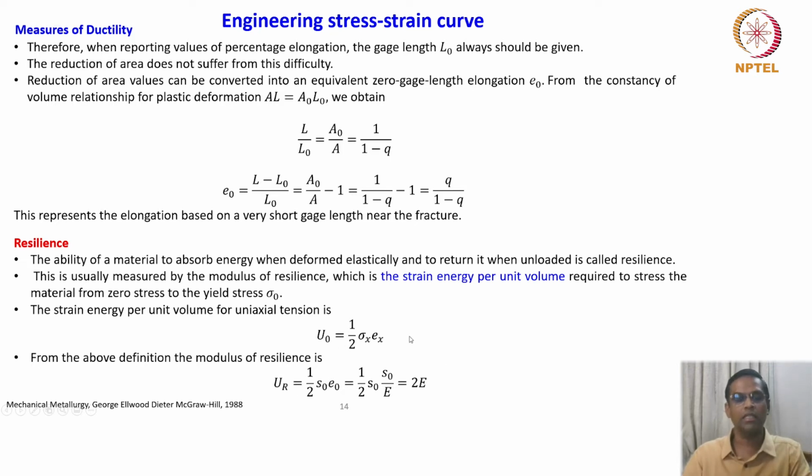So what is S naught? S naught is nothing but the proof stress. What is proof stress? If the material is not showing any yield point, we take something called a proof stress. We will demonstrate it now. How do we take the proof stress? The proof stress is considered the yield stress. So S is engineering stress, S naught is the proof stress.